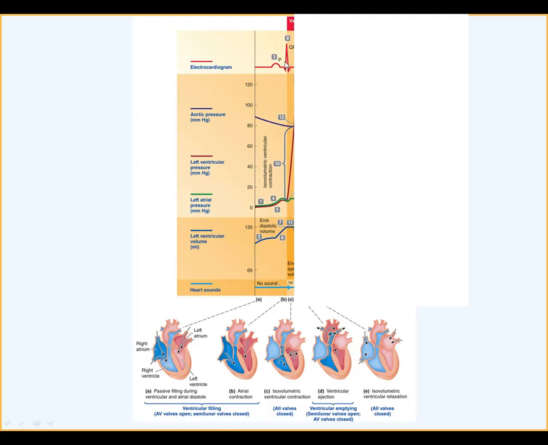Depolarization of the ventricular muscle will cause contraction of the ventricles, and that will increase the pressure significantly inside the ventricles, increasing the pressure beyond the point where the pressure is in the left atrium. We're talking here about the left. The same events happen in the right. That will cause the atrioventricular valves to close, and that will produce the first heart sound, right? The pressure continues to rise, but the blood has nowhere to go, and that's why we call this phase isovolumetric ventricular contraction phase. Sounds good?